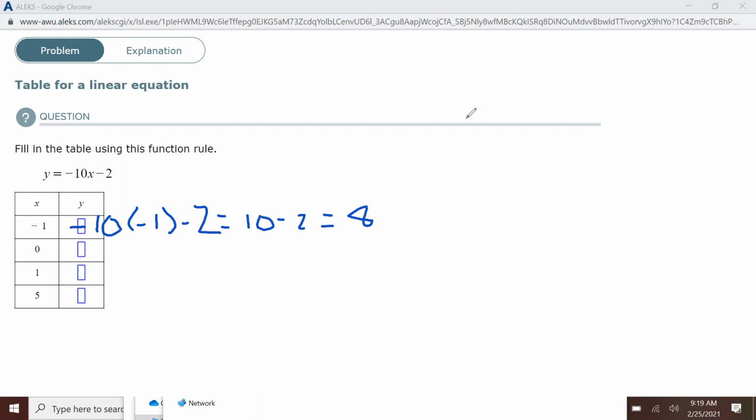For the second one, now we plug in 0 for x. And upon simplifying, we get -2. For the next one, we plug in 1 for x.